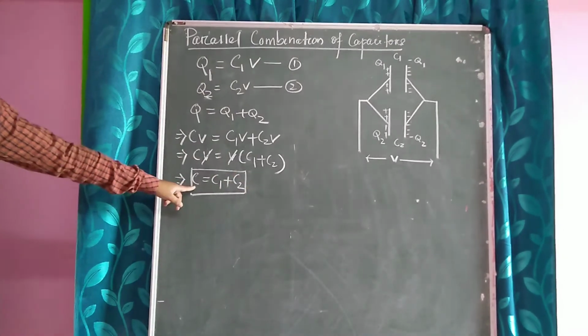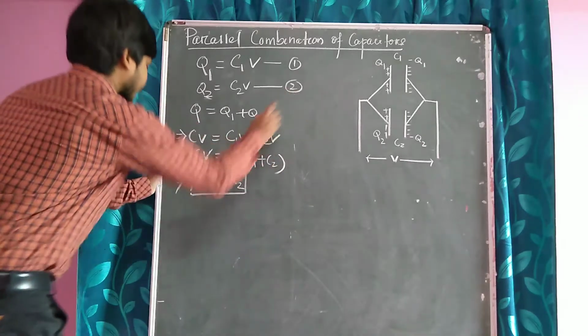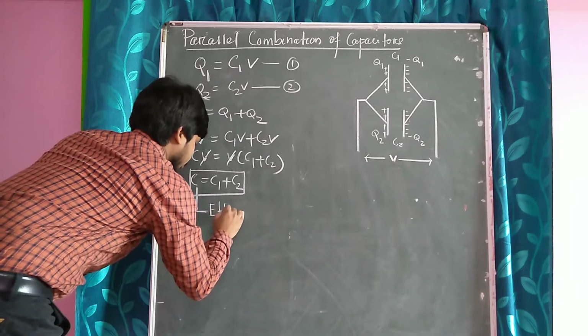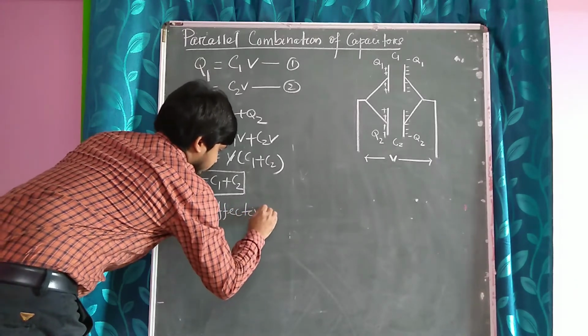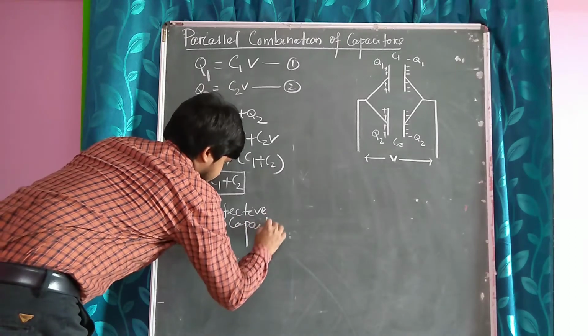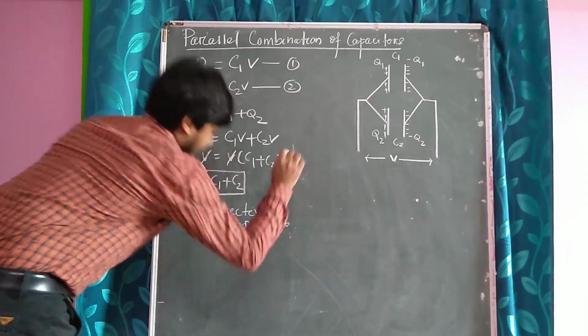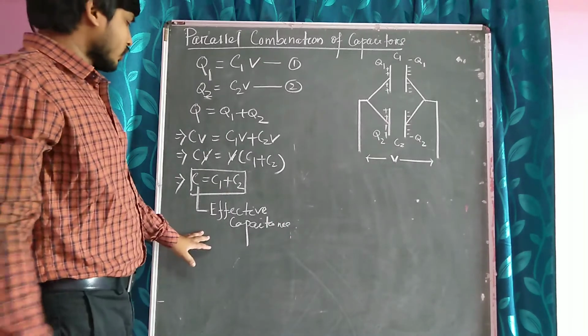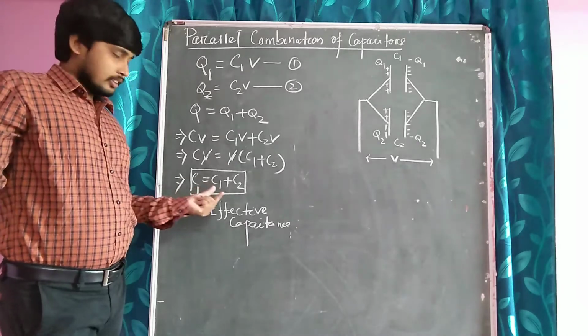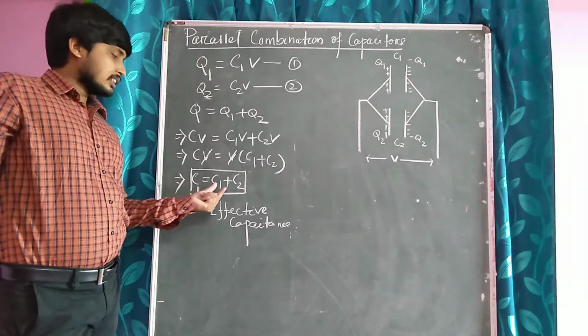This C is known as the effective capacitance. Is it clear?